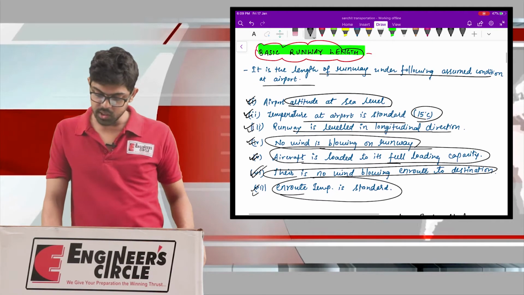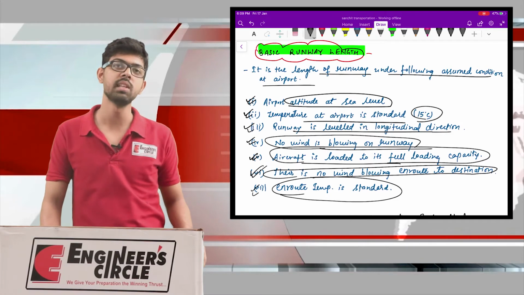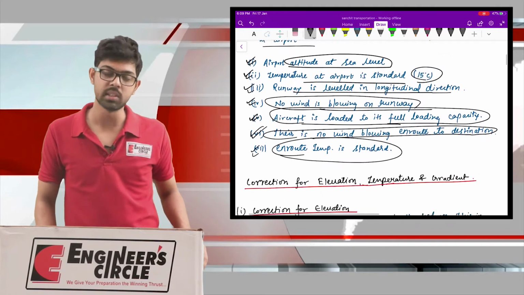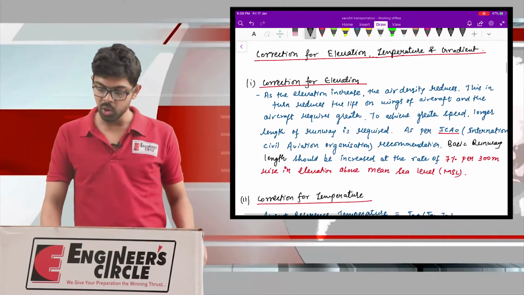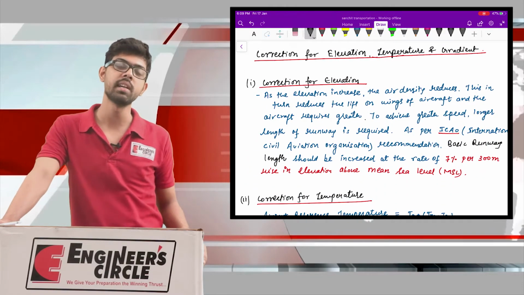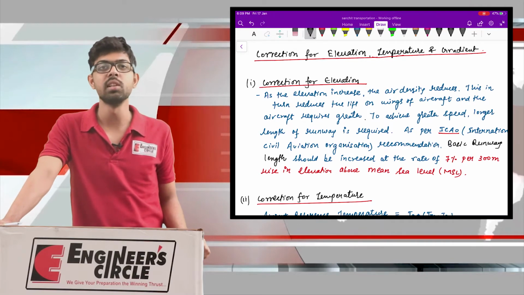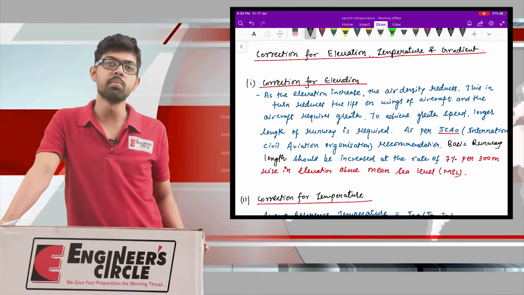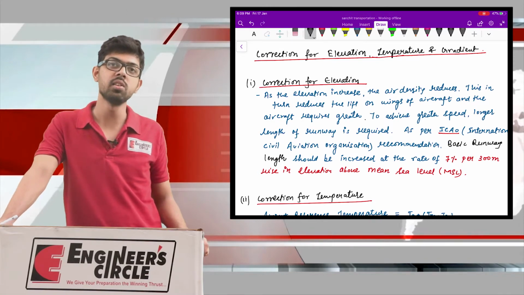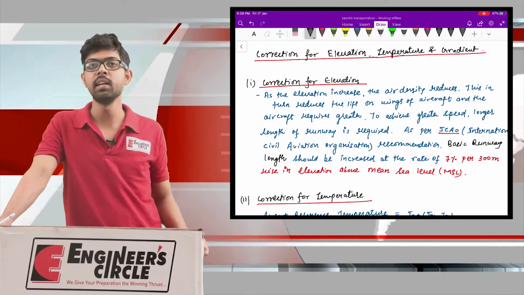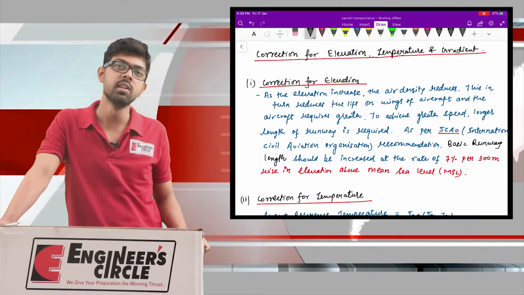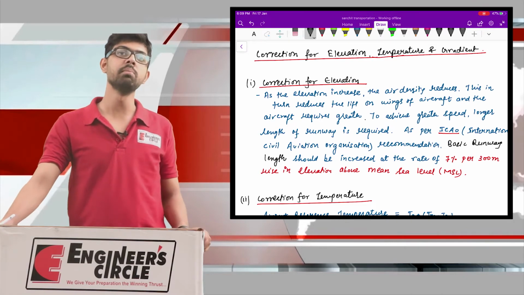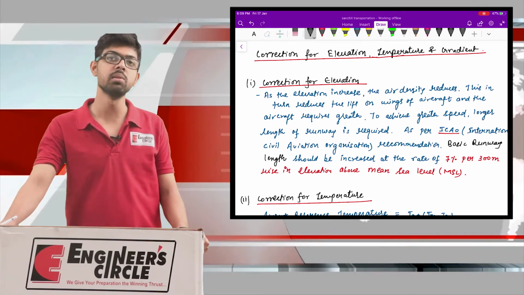So if all these conditions are fulfilled, then whatever be the length of runway you will get, that runway length is known as your basic runway length. Now we all know that such conditions are not practically feasible because you cannot level your aircraft at the mean sea level, because airports are mostly constructed on land or landlocked areas, and the land is practically at some place above the mean sea level, and at some place it can be below the mean sea level.